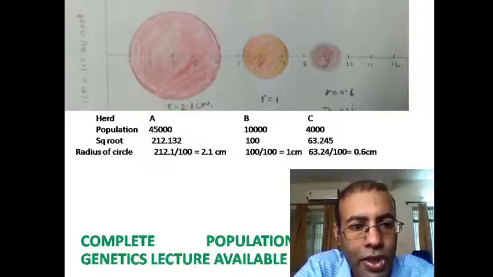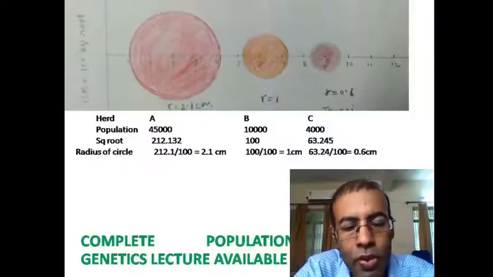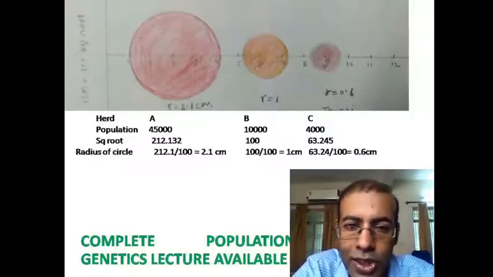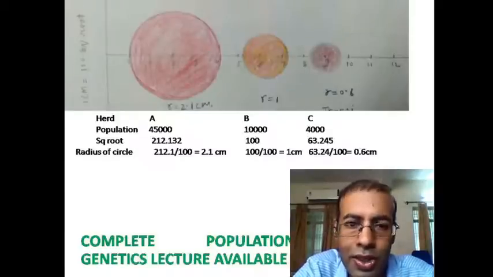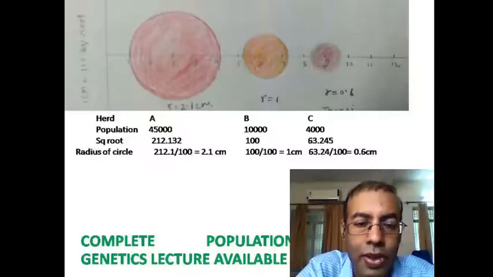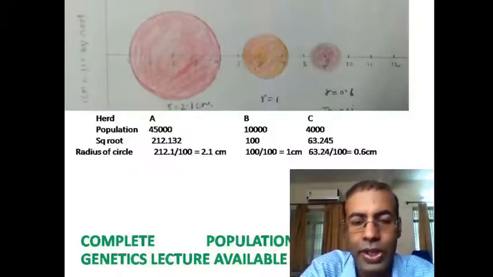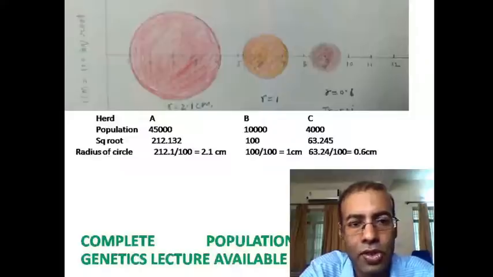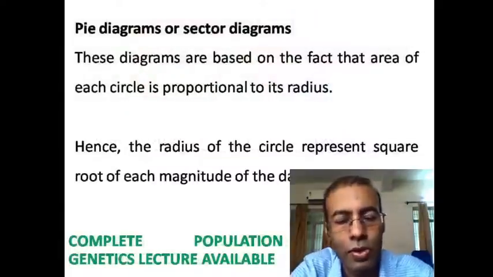So the radius of the circles is 2.1 centimeter for herd A, 1 centimeter for herd B, and 0.6 centimeter for herd C. So in this way we make circles for the different herds. Different circles are represented on this slide. So this way we can make different sizes of circles for different herds. So this is all about the circle diagram.